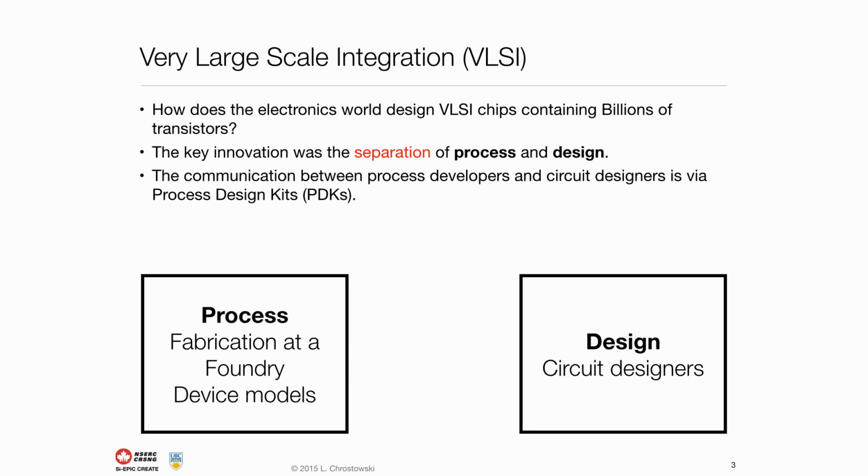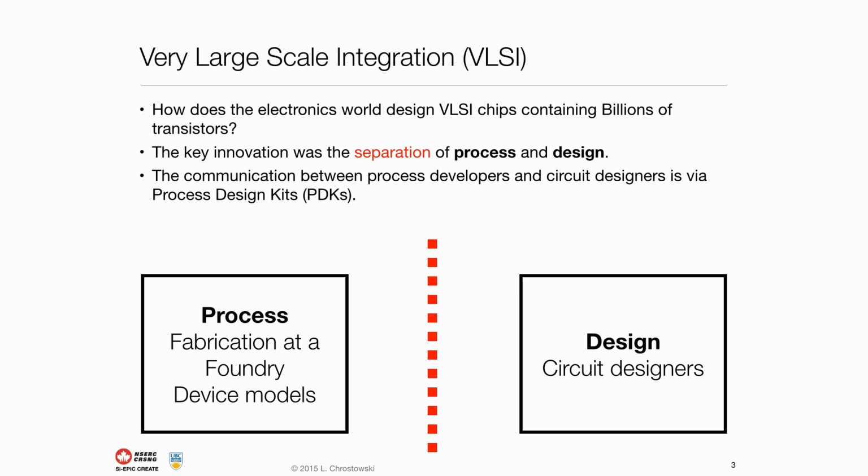Let's discuss how the electronics industry designs chips containing billions of transistors. This is called Very Large-Scale Integration, or VLSI. The key innovation was the separation of process and design. The foundry takes care of the technology, which is dominated by CMOS, or complementary metal oxide semiconductor.